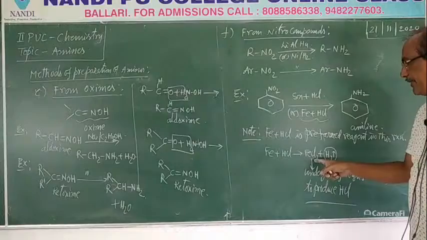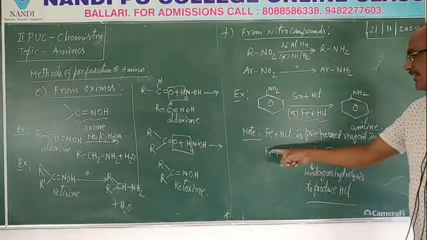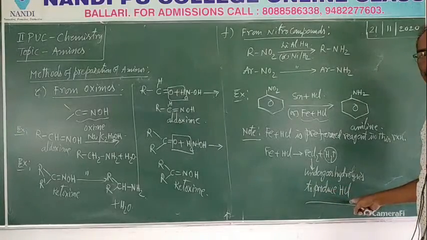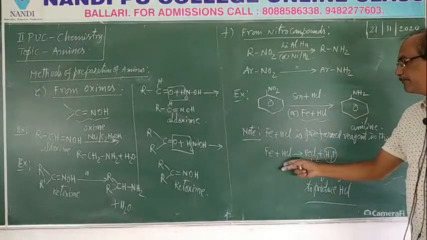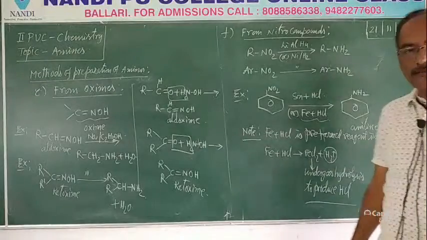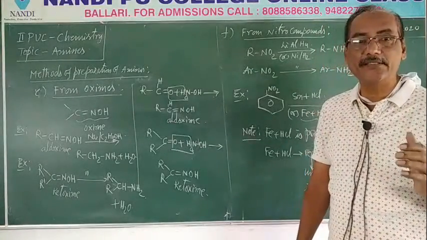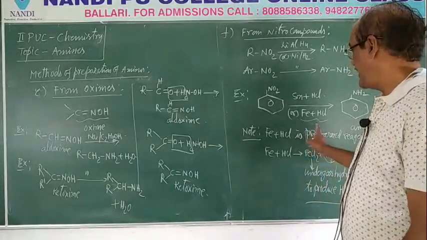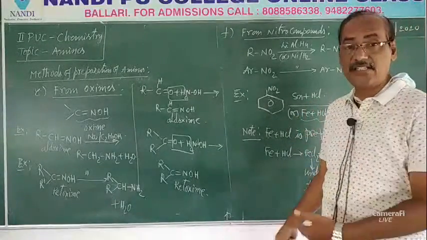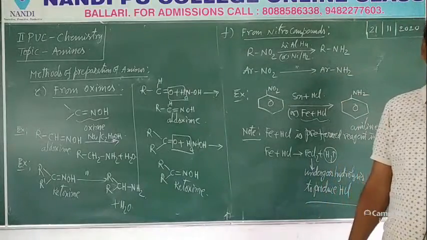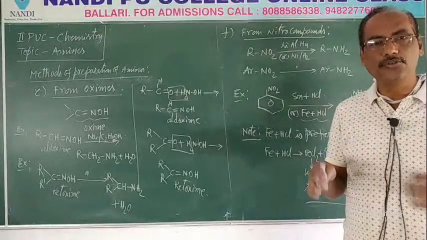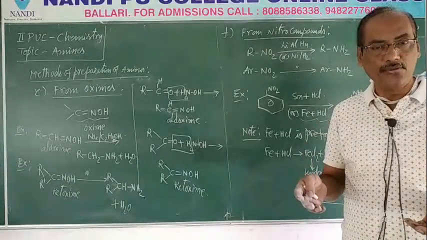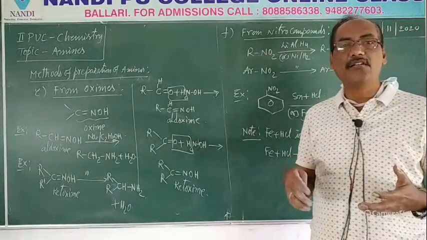In this reaction HCl is consumed, but in this step HCl is produced back. That's why we prefer this one, because the amount of HCl used in this reaction is less when compared to the other. HCl consumed during the reduction process is again produced when the salt is hydrolyzed.